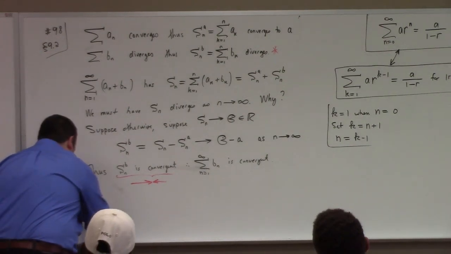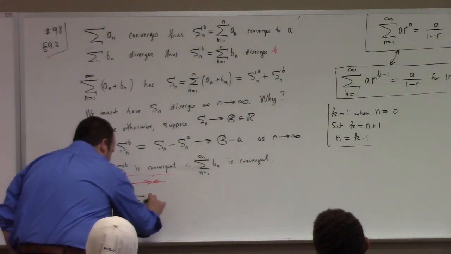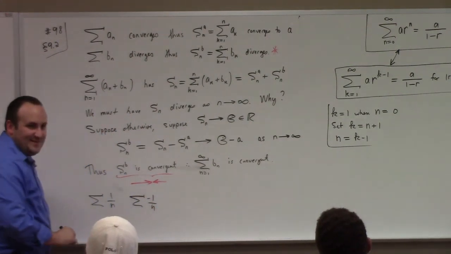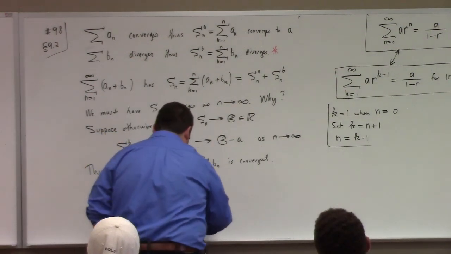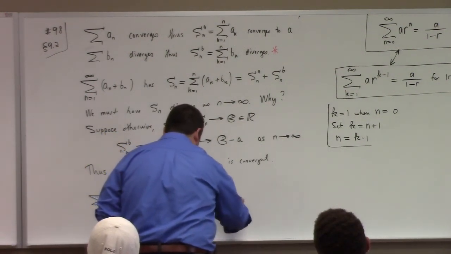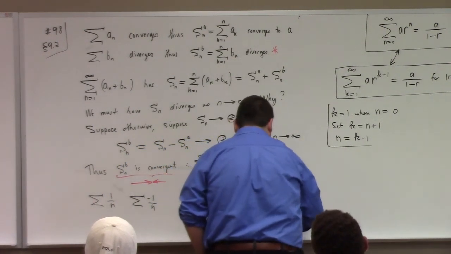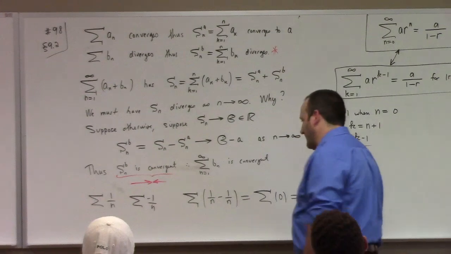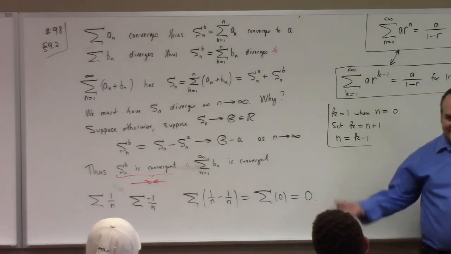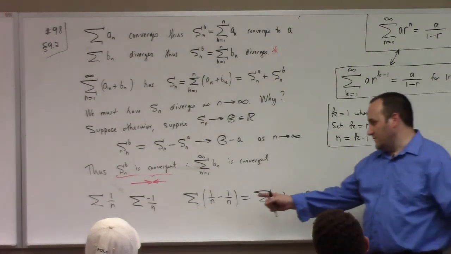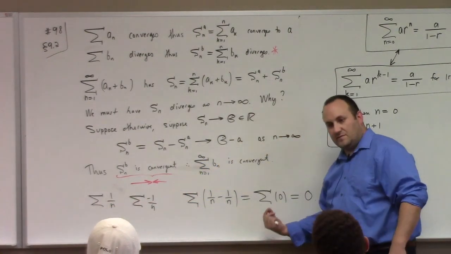The easiest example of that is something like this. If you do this guy and you do this guy, these are both divergent, but this guy is also known as this guy, which we can all calculate without a lot of theory. The zero series sums to 0. So you're right, those two diverge, and yet the sum converges.